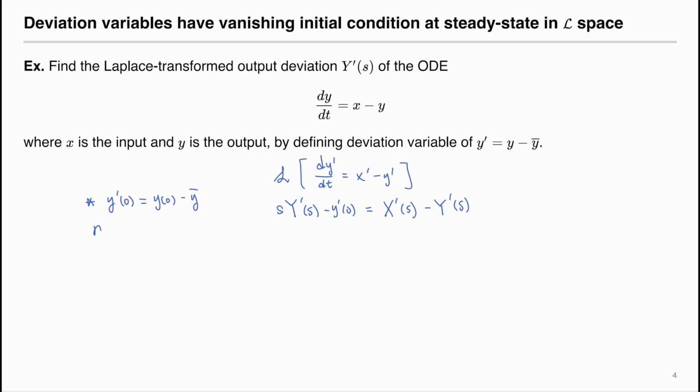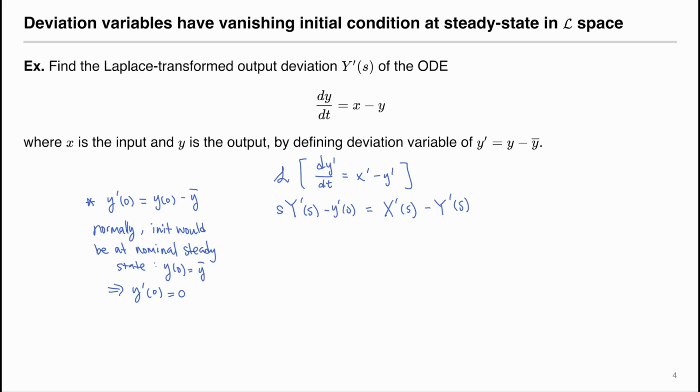And normally, the initial condition would be at nominal steady state. That is, y of 0 equals to y bar. If we plug it in, this gives us that y prime of 0 is 0.